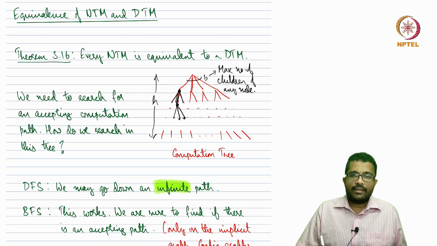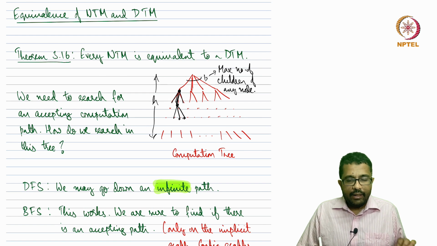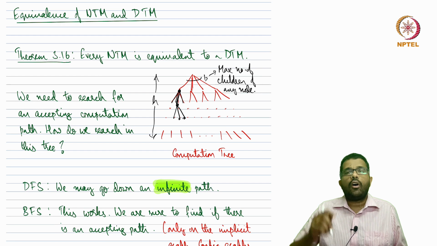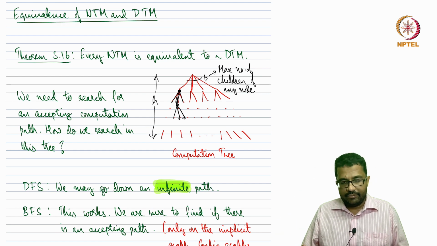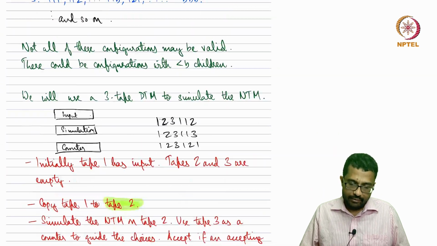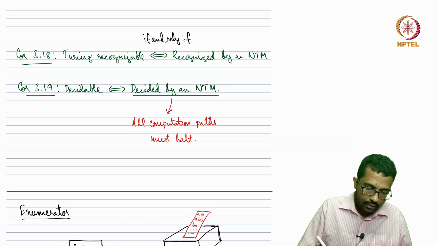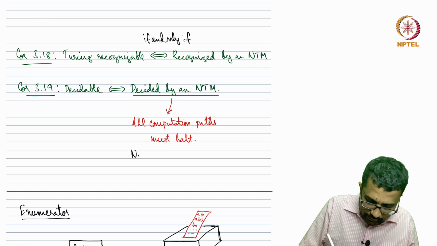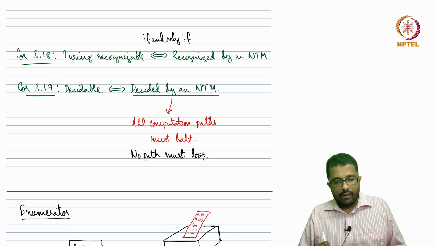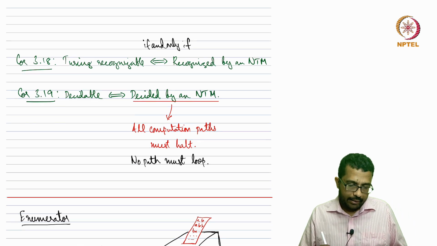When all the paths are decisive, meaning if you feed a string into a non-deterministic Turing machine, all the computation paths halt. All the paths either accept or reject. No path must loop. Right. So that's the thing.